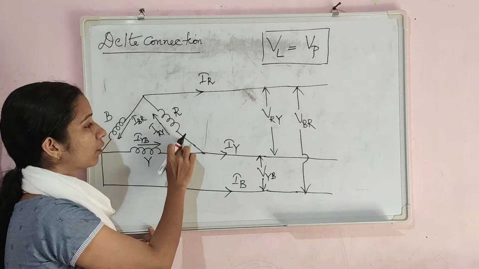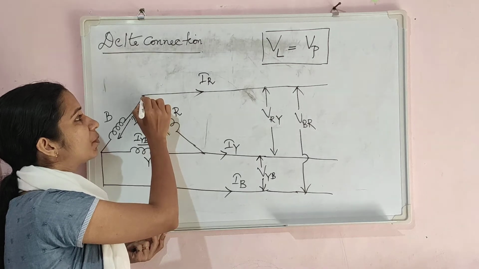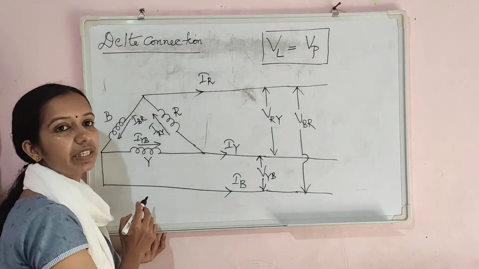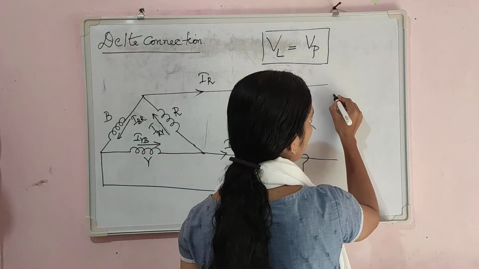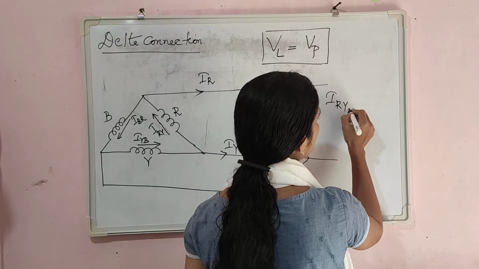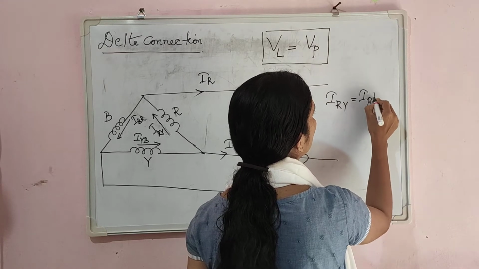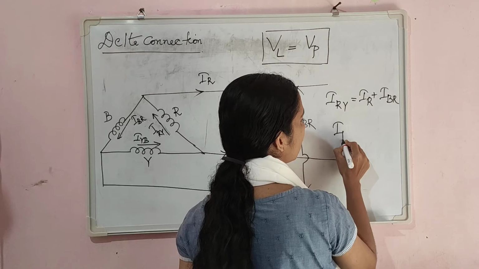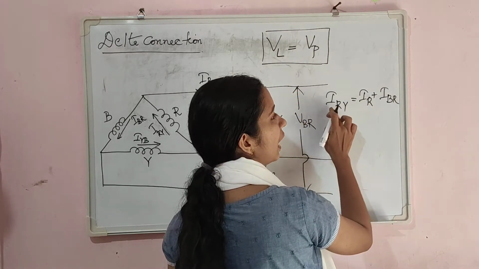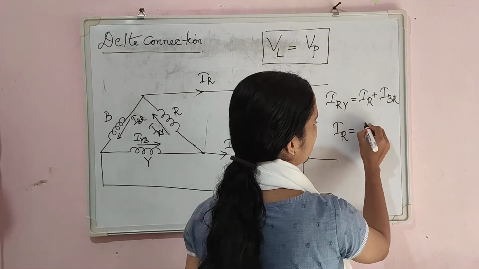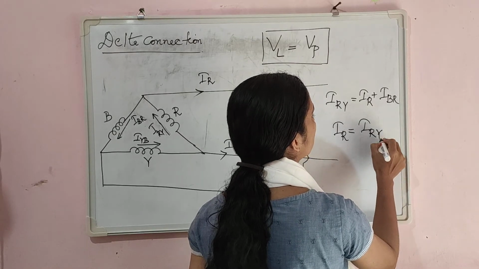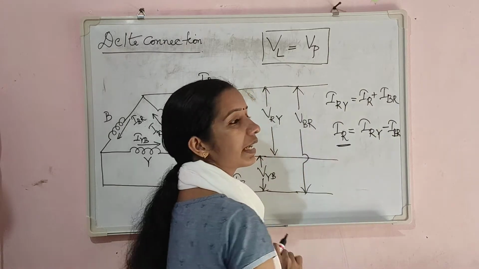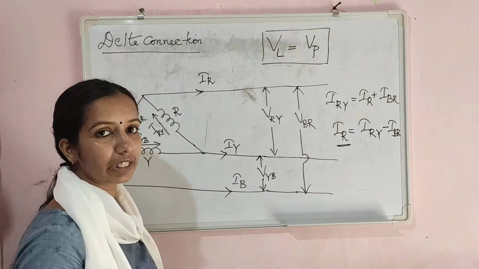At this point it divides into two, IR and IBR. So we can write IRY is equal to IR plus IBR, or the line current IR will be equal to IRY minus IBR. So let us consider this line current IR for deriving the relationship.